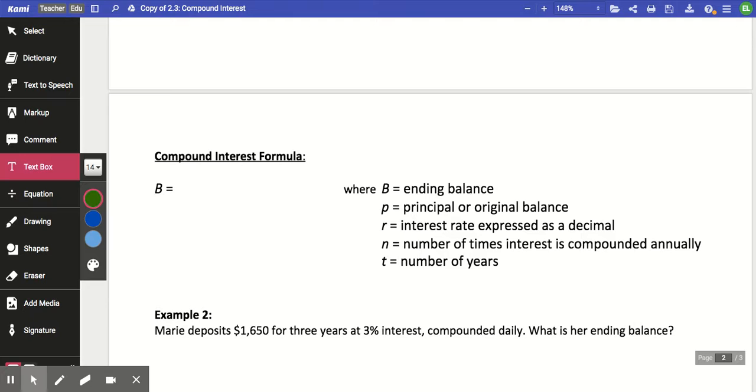So, hopefully something you noticed. First of all, the idea of deriving this formula actually uses something called the recursive formula. So what that means is that we've used previous balances.